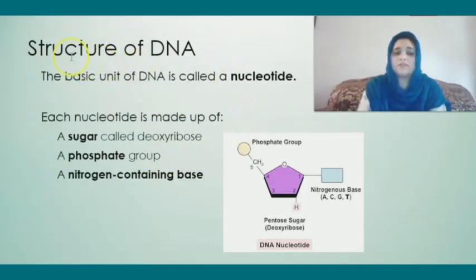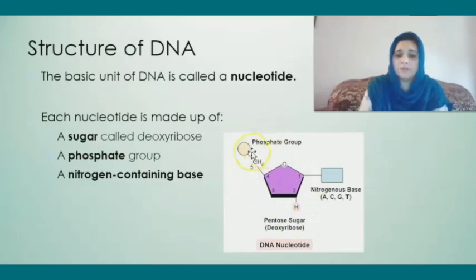Now, what is the structure of the DNA? The basic unit of the DNA is called the nucleotide. Here is a DNA nucleotide. DNA is made up of nucleotides. Each nucleotide is made up of three important things. First of all, a nucleotide contains a sugar, that is deoxyribose in case of DNA. So a 5 carbon sugar, 1, 2, 3, 4 and 5 carbon sugar is present.